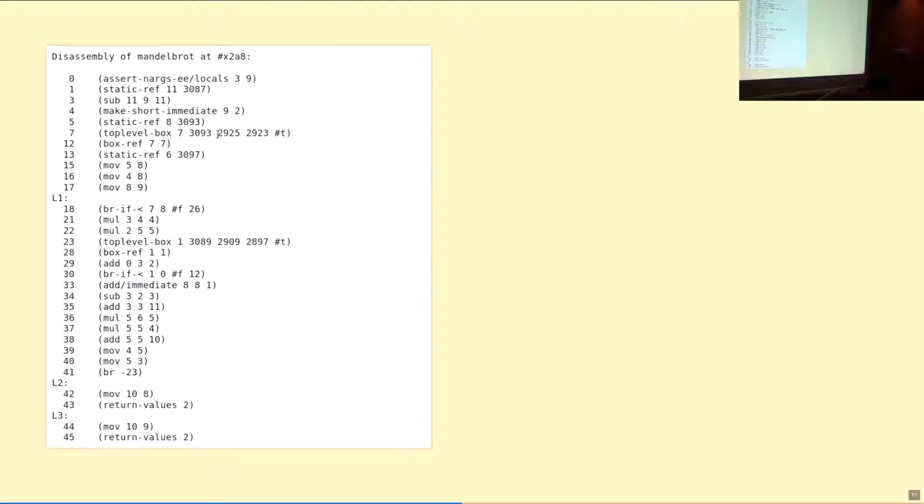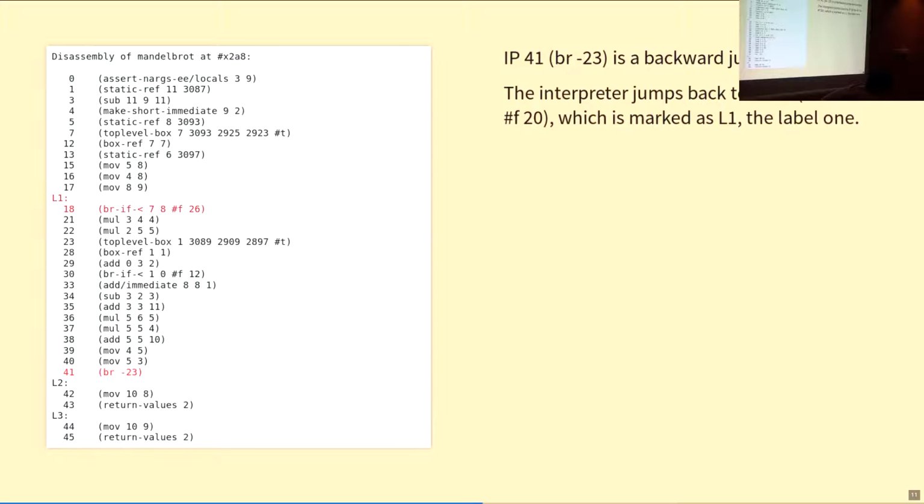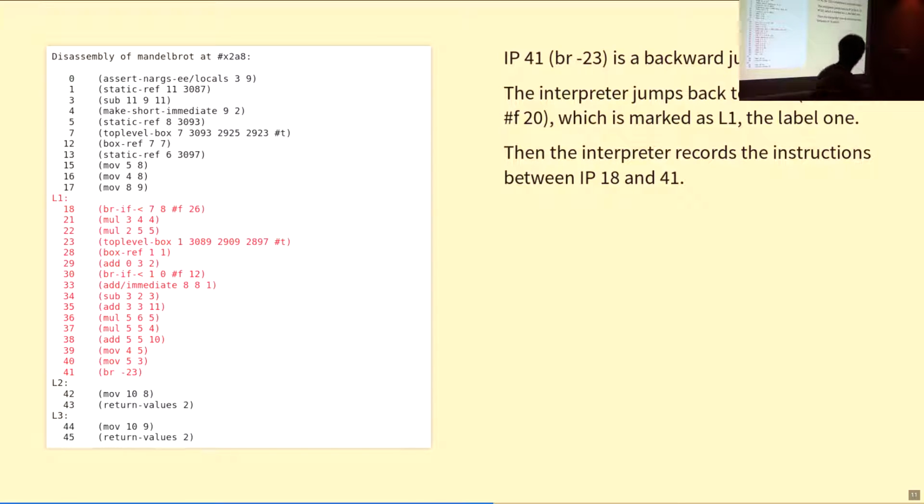Using this as an example, the BR minus 23 at IP 41, colored in red, is a backward jump instruction. The interpreter detects that it's a backward jump, and it jumps back to 41 minus 23, which is 18, colored in red. Then it continues recording the instructions until it reaches the point where the loop started, which is 41.